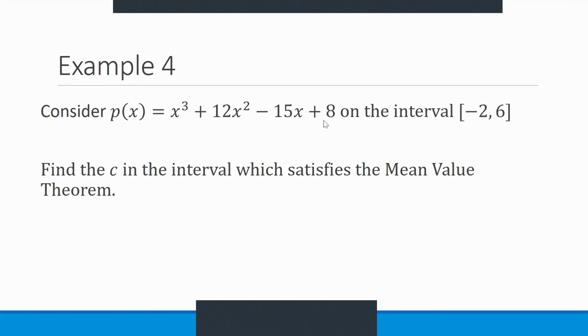This is a polynomial function, so we know it is going to be continuous and differentiable everywhere. In particular, it's going to be continuous and differentiable on -2 to 6. So we can find a value c in the interval from -2 to 6, which satisfies the mean value theorem.